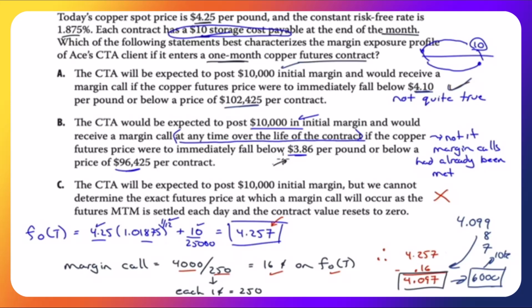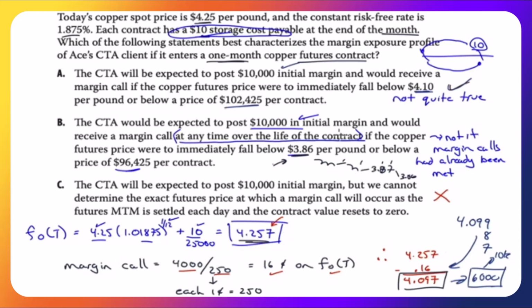That's not necessarily true. If the price started dropping and you had a margin call, let's say you had that margin call at $3.87 and it dropped below $3.86, there would not be a margin call because you've already met all the margin calls. And you would get a margin call well before the $3.86 if you entered into the futures price at 4.257.